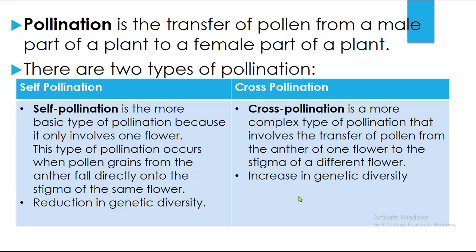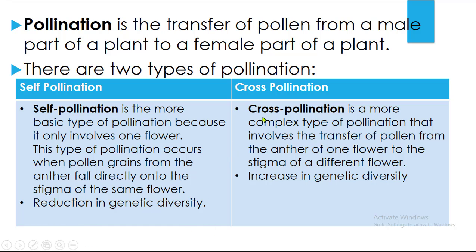So within the species there are two types of pollination: self-pollination and cross-pollination. Self-pollination is the more basic type of pollination because it involves one flower, and this type of pollination occurs when pollen grains from the anther fall directly onto the stigma of the same flower. And self-pollination actually reduces genetic diversity.